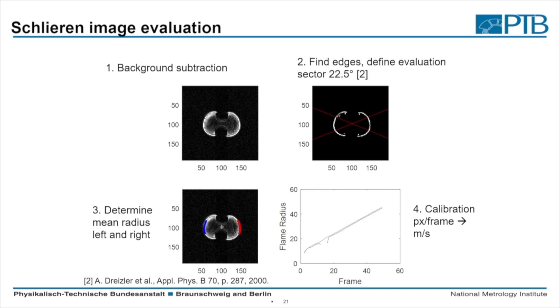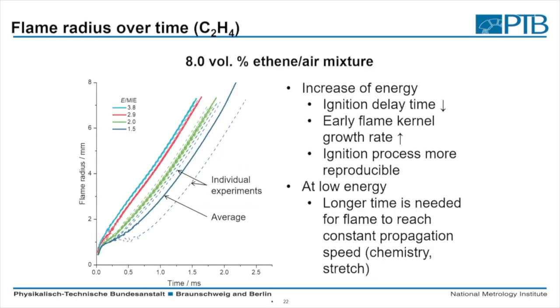And then in this area between the red lines, we calculate the distance from the initial spark center. So here we get information about the left and right radius, and this we can then plot for an examination.